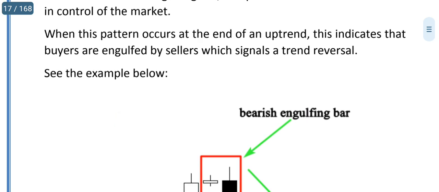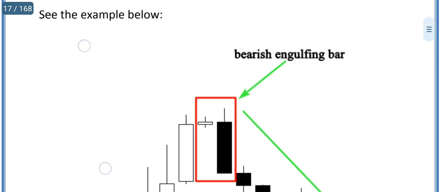When this pattern occurs at the end of an uptrend, it indicates that buyers are engulfed by sellers, which signals a trend reversal. You can see in the example below.